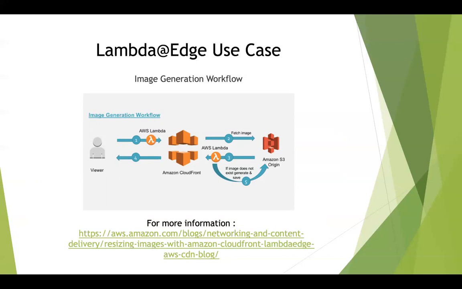Then at this interval, your lambda function is going to run, which checks whether that object is present in the cache. If it's not present, then contact S3, find that particular image, change it according to this dimension, save it back to the S3 origin, and then send it back to CloudFront. CloudFront is going to cache that object that you have generated and saved in the S3 origin through this lambda function.